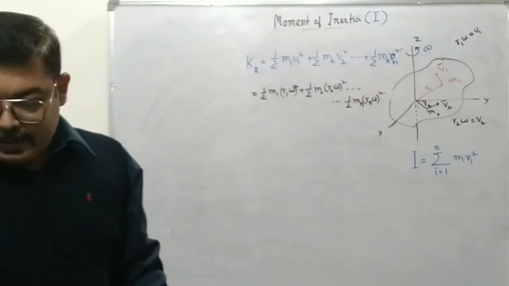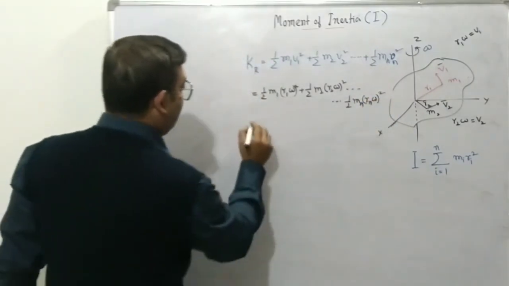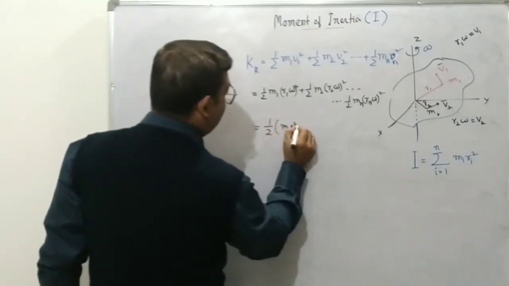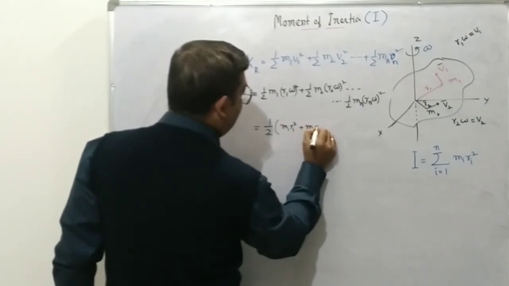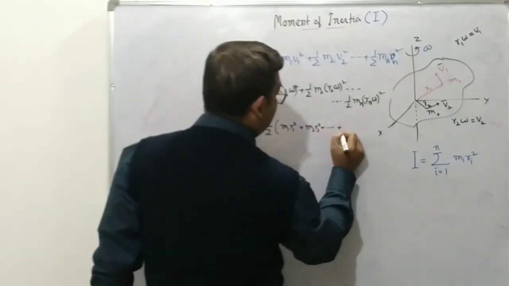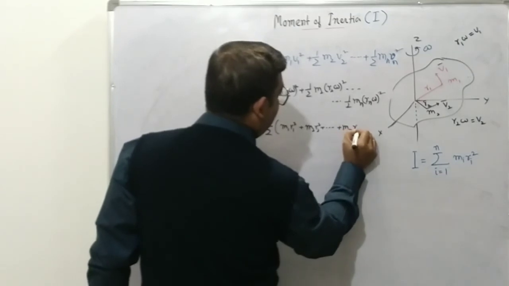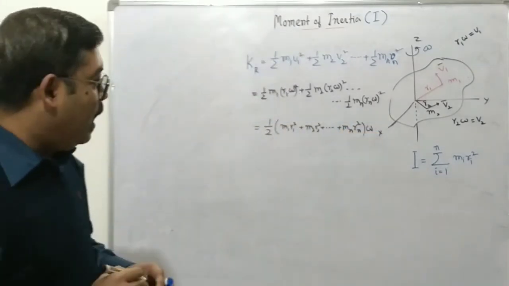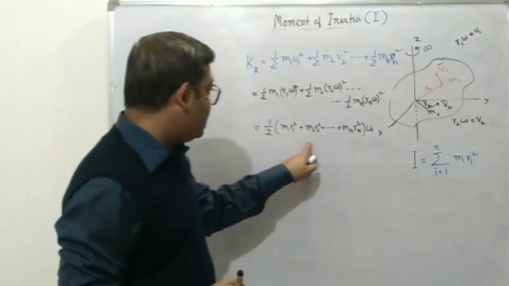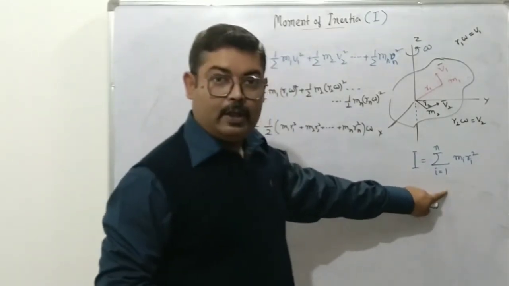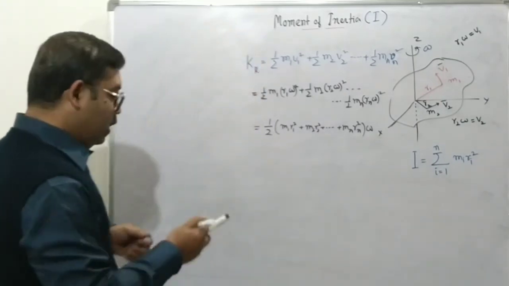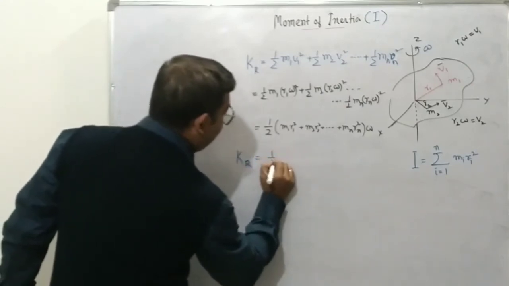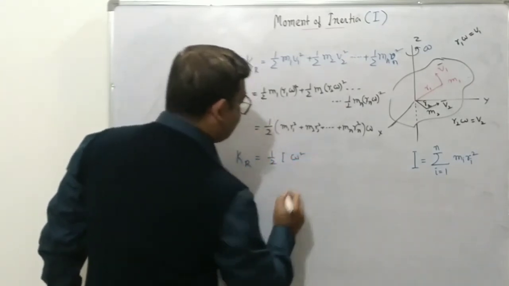So we can take omega square common: half omega square times (m1 r1 square plus m2 r2 square plus m_n r_n square). However, this term in the bracket is the moment of inertia of the body. So we can say that K rotational is equal to half I omega square.